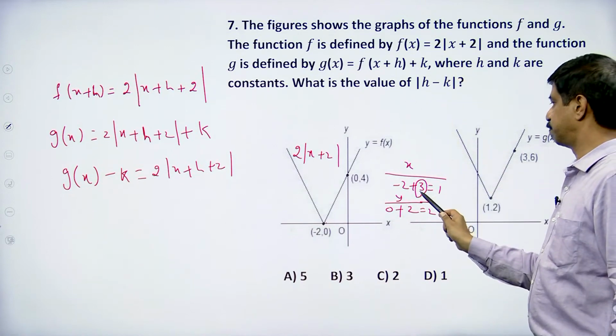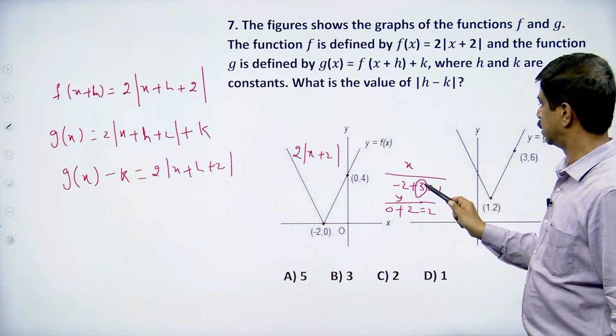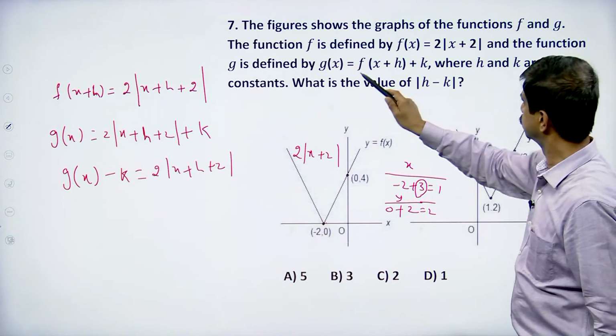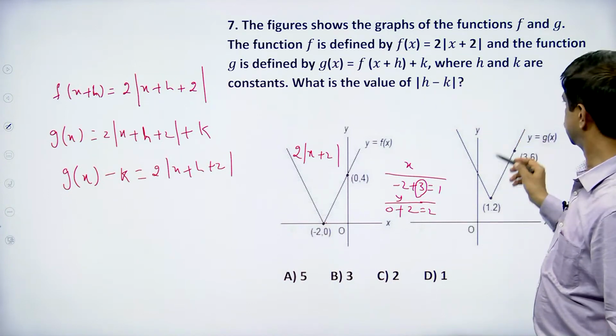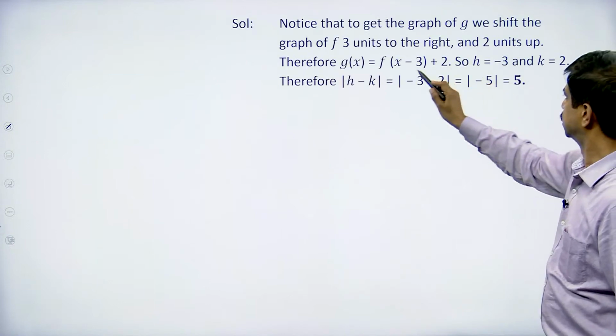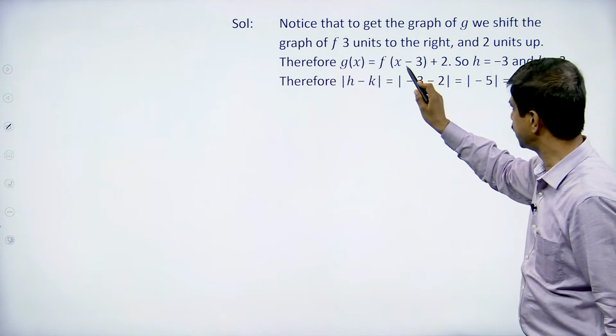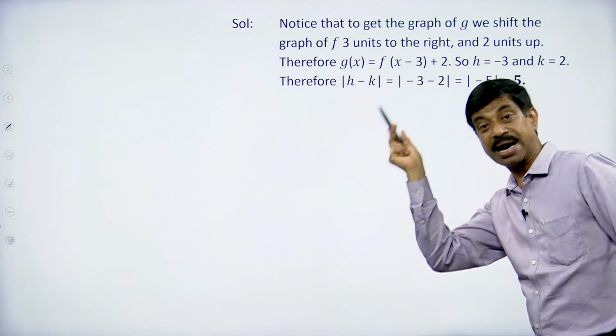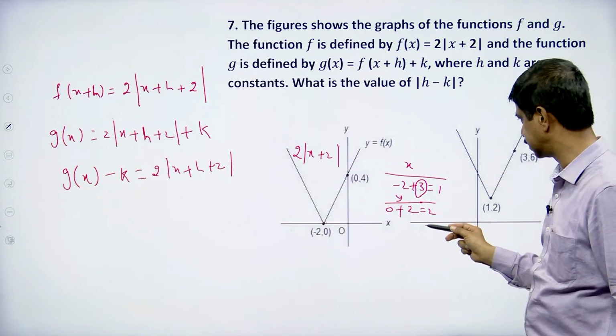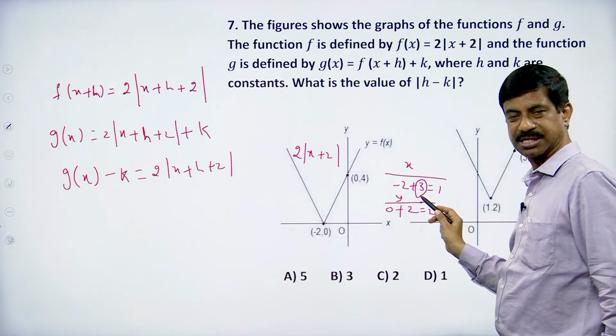If it is minus 3 here, so where is that next page? Sorry, yeah, here it is there. See, minus 3 means it is moved by plus 3 units. If this would have been plus 3, we would have moved it by minus 3 units. So if you go back and see, you are moving it by plus 3 units.